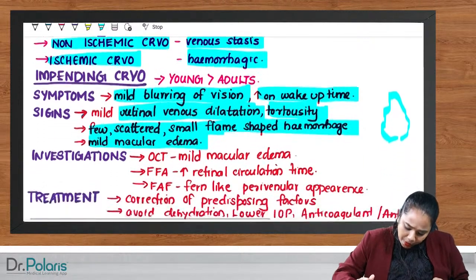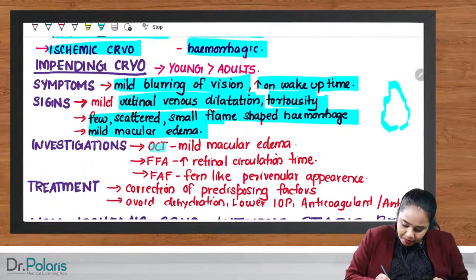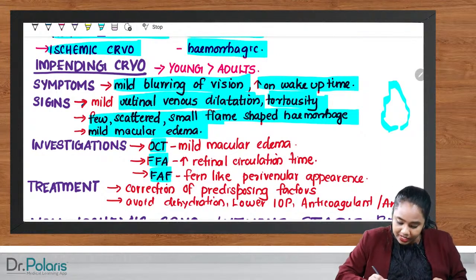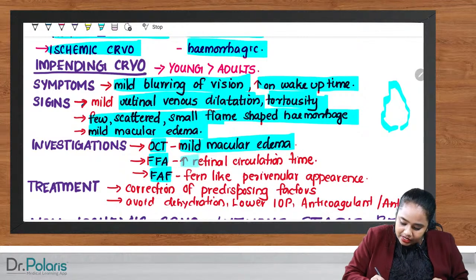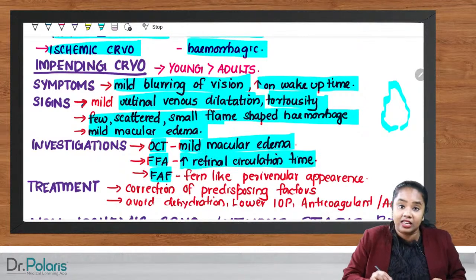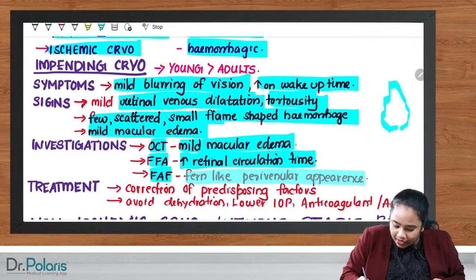Now, coming to the common investigations, you can see here that OCT, FFA and FAF can be done. Under OCT, you can see that mild macular edema will be present, and the retinal circulation time is increased in case of fundus fluorescein angiography, and autofluorescence will show fern-like perivenular appearance.